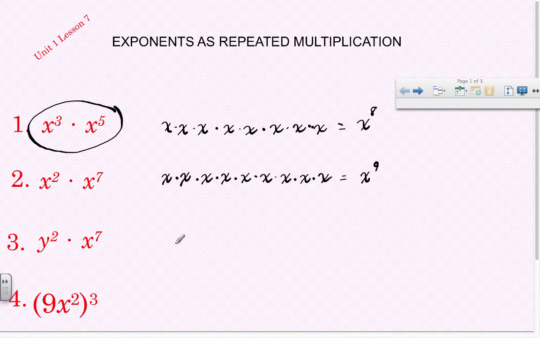So what about this next one? Y squared is y times y. And x to the seventh, we just saw, is 7 x's multiplied together.